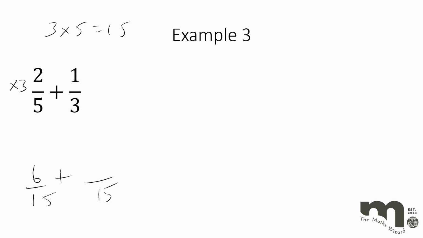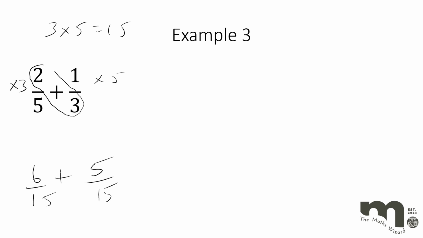So now we've got 6 over 15, which is the same as 2/5. And then 3 goes into 15 5 times. So we've got to multiply that 1 by 5 as well to get 5 over 15 there for your 1/3. And you might notice that whenever you multiply the two bottom numbers together to get your denominator, you can use your diagonals to get your tops.